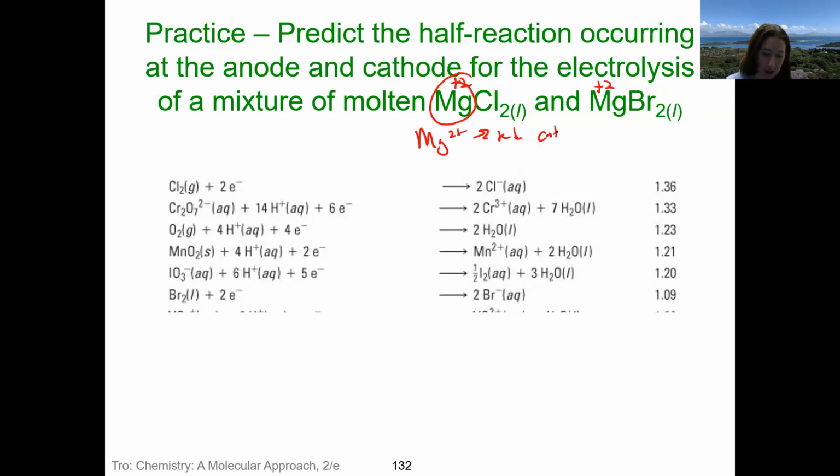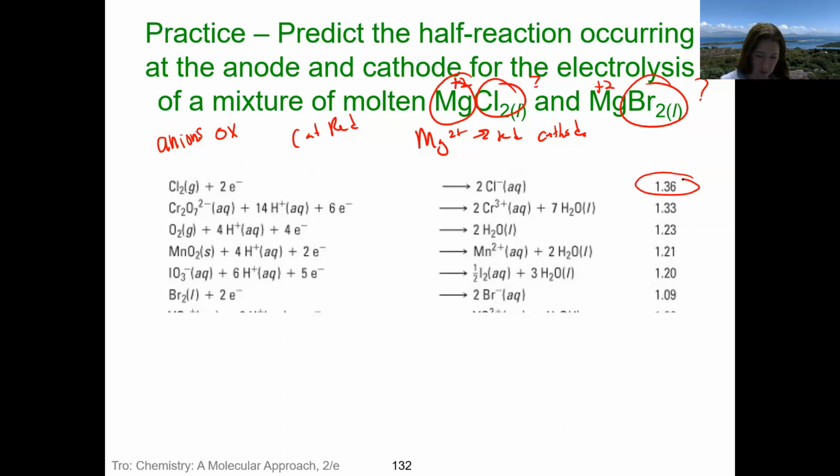Reductions at the cathode. So the question is, which one of these two? Is it going to be bromine or is it going to be chlorine? Remember, anions oxidize. Anions oxidize, cations reduced. Okay, so which one is it going to be? So we look. Here's chlorine, and here's bromine. More positive reduced, more negative oxidized.